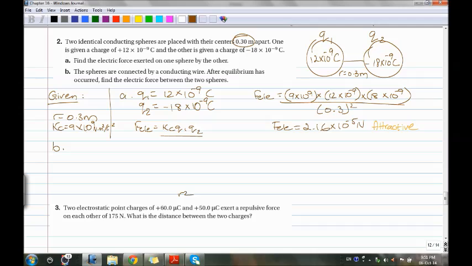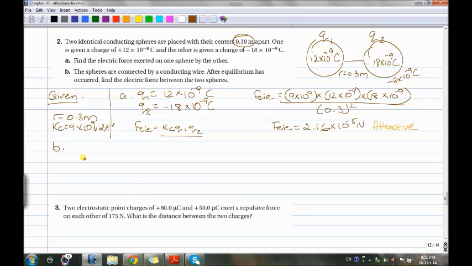Okay, so now we add the Q1 with the Q2. So it would be negative 6 times 10 to the power of negative 9 coulomb. Now this would be helpful for the B part of the question.